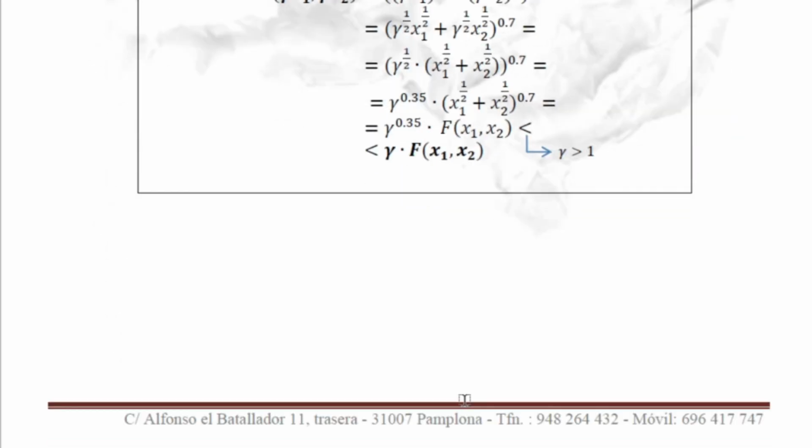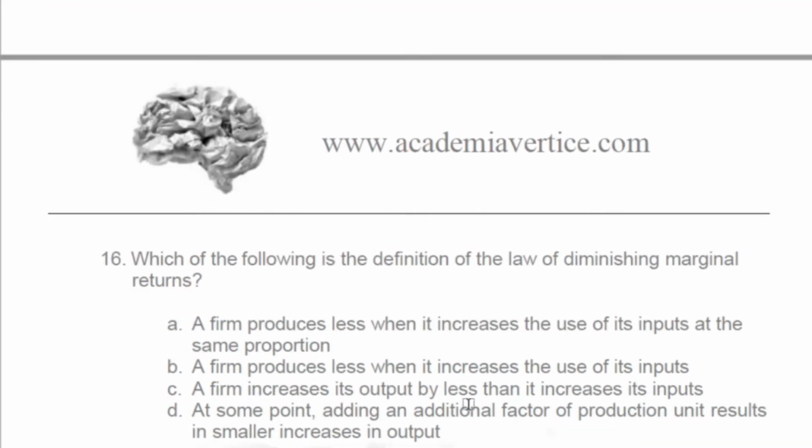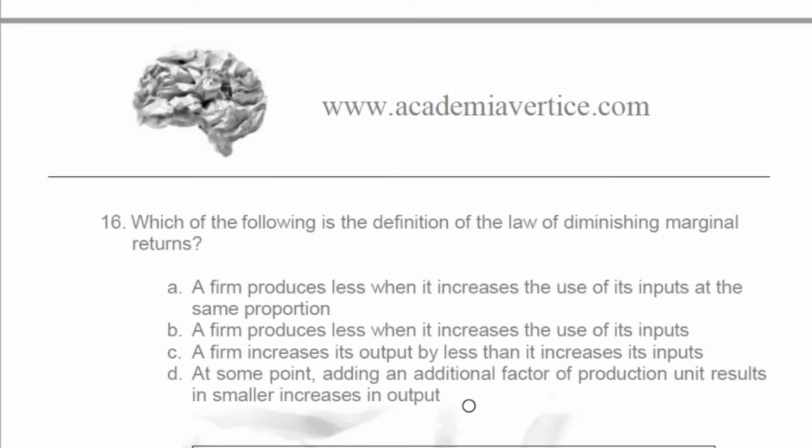Well, now number 16. Which of the following is the definition of the law of diminishing marginal returns? Very important. A firm produces less when it increases the use of its input in the same proportion? No, nothing to do.